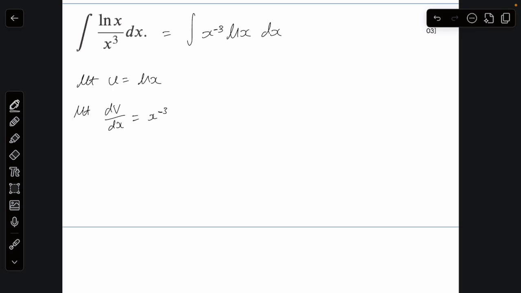Now we can say that du is going to equal 1 over x dx.